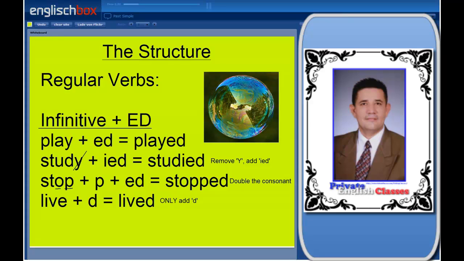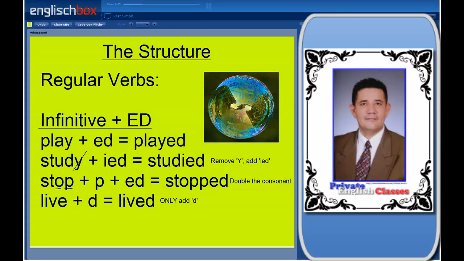So study becomes studied. If the verb ends in a vowel and then a consonant, such as stop, you have to double the consonant and add ed. So stop becomes stopped with two P's.